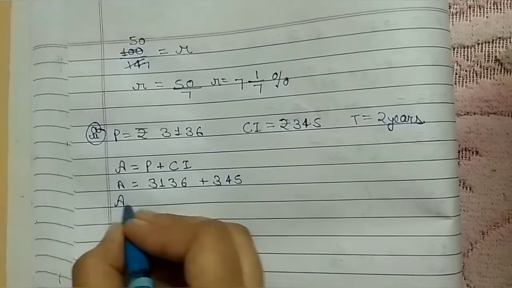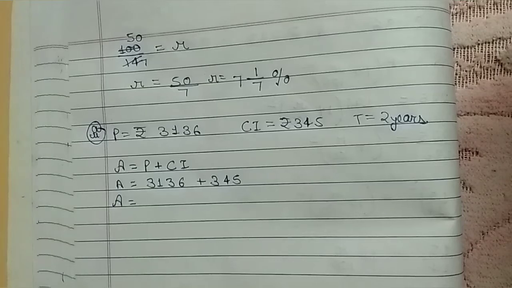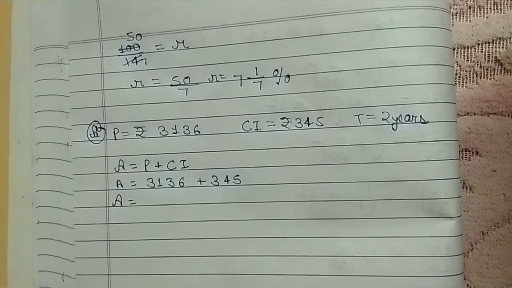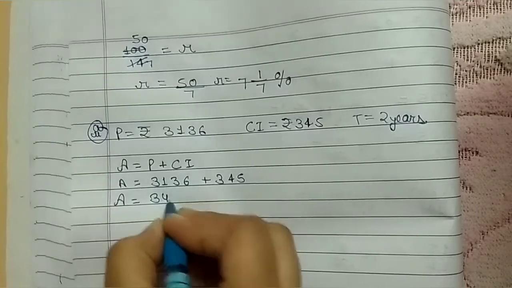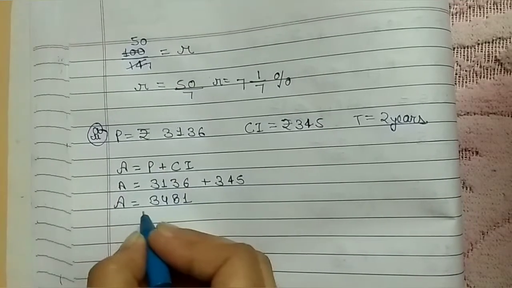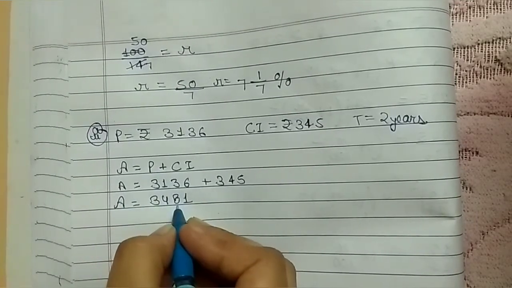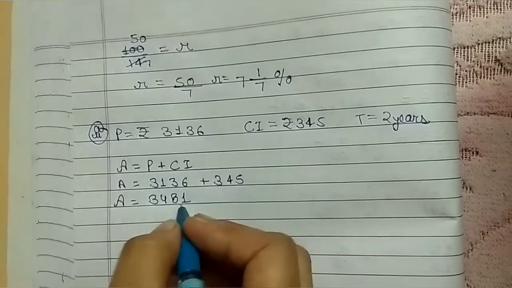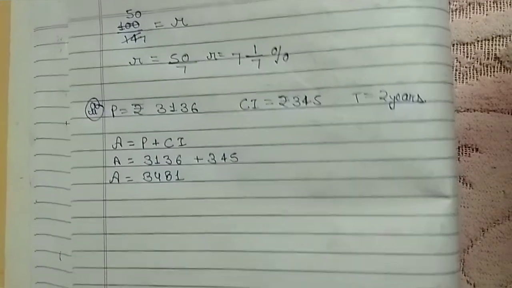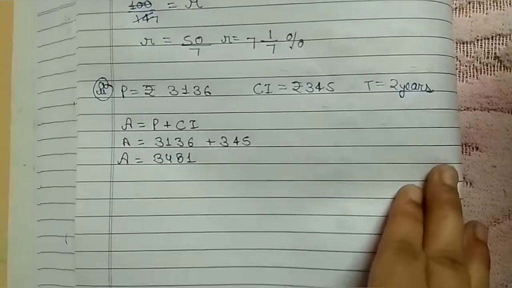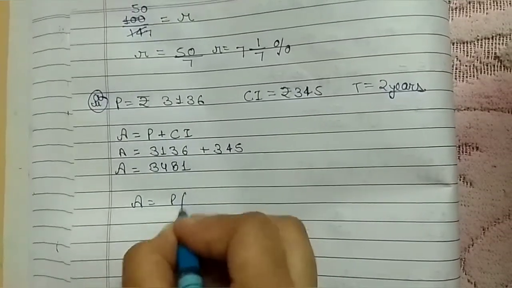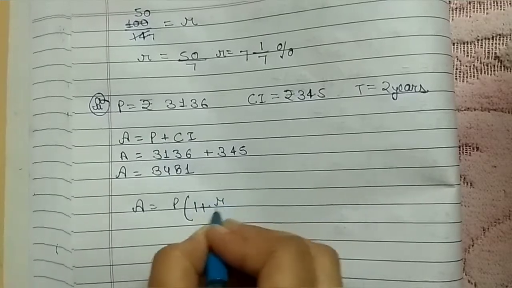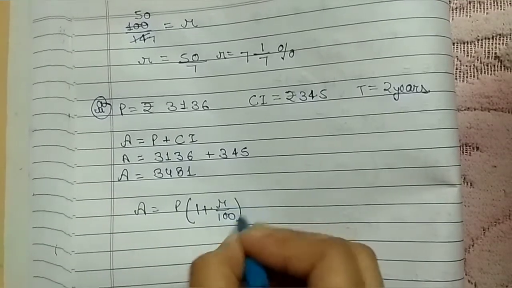Now we will add them and we will get A. A equal to rupees 3,481. This will be our amount. Now for finding rate, we will use the formula of amount. A equal to P (1 plus R upon 100)^N.